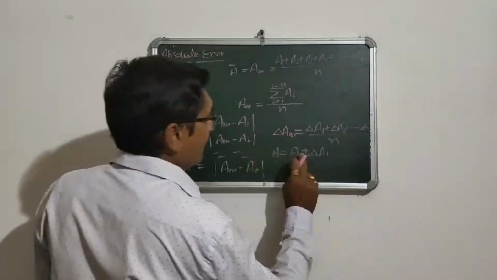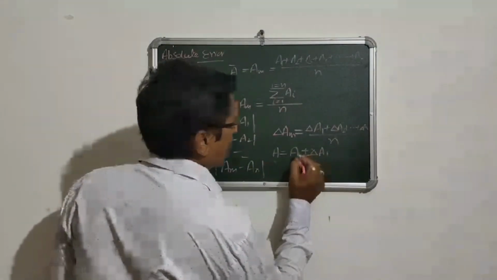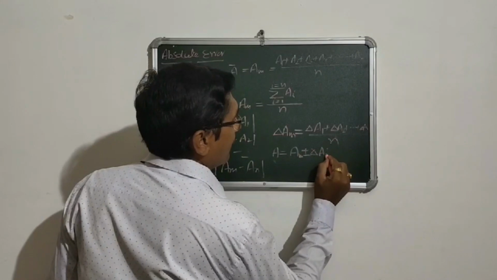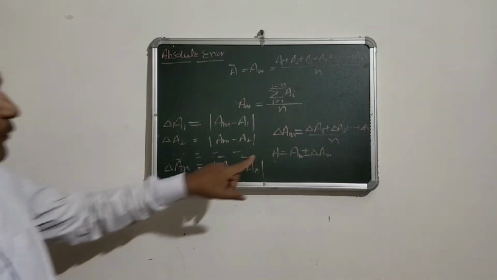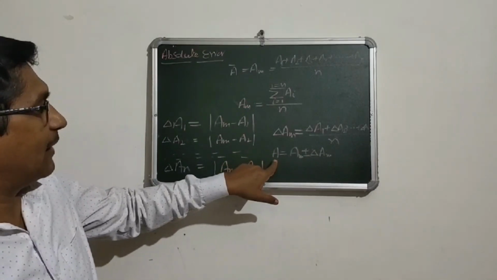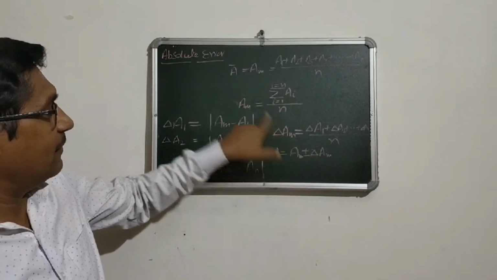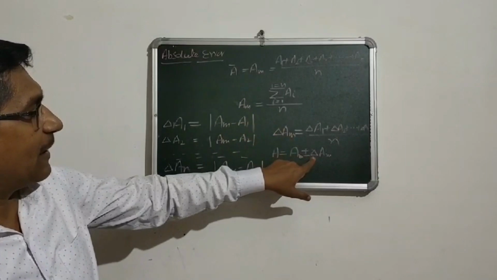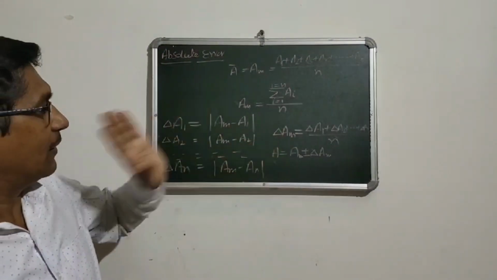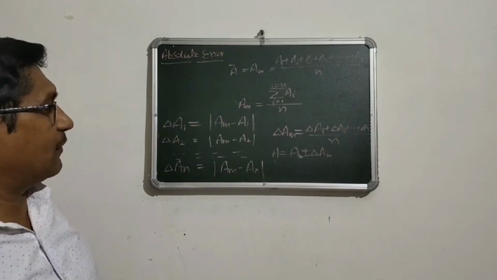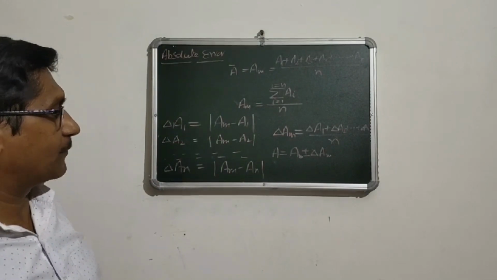So for the mean values, the original exact value of A is equal to A mean plus minus delta A mean, that is, plus minus the absolute mean error, which is called the standard value of A, right?